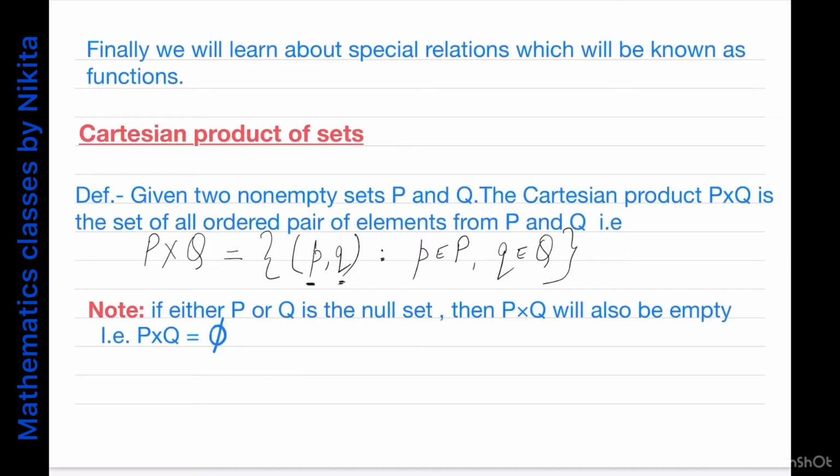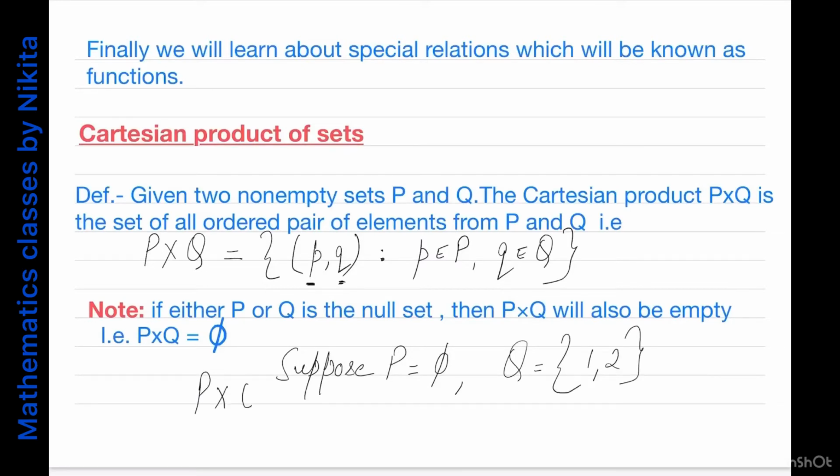Because suppose your P is empty. Suppose P is empty, so P has no elements, and set Q is 1, 2, and I want to find what is P cross Q. Now I know by definition this is the set of all ordered pairs of elements from P and Q, but what should be the first coordinate? The first coordinate is coming from the set P, which is empty.